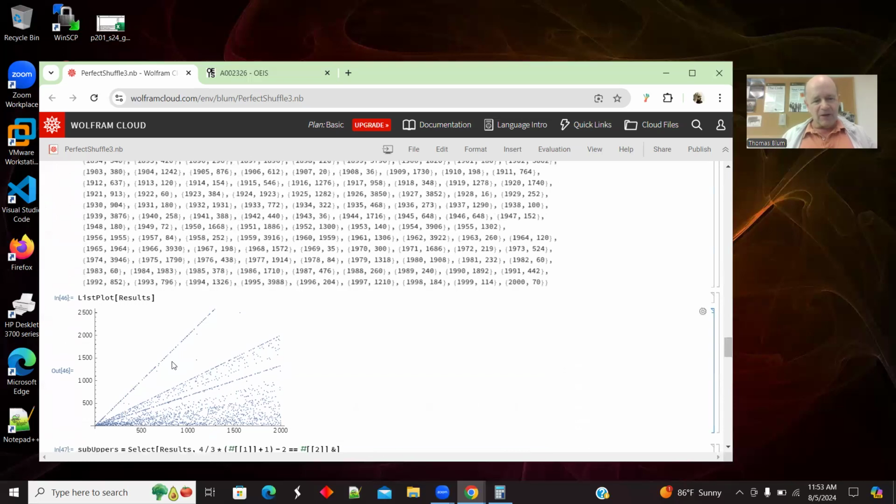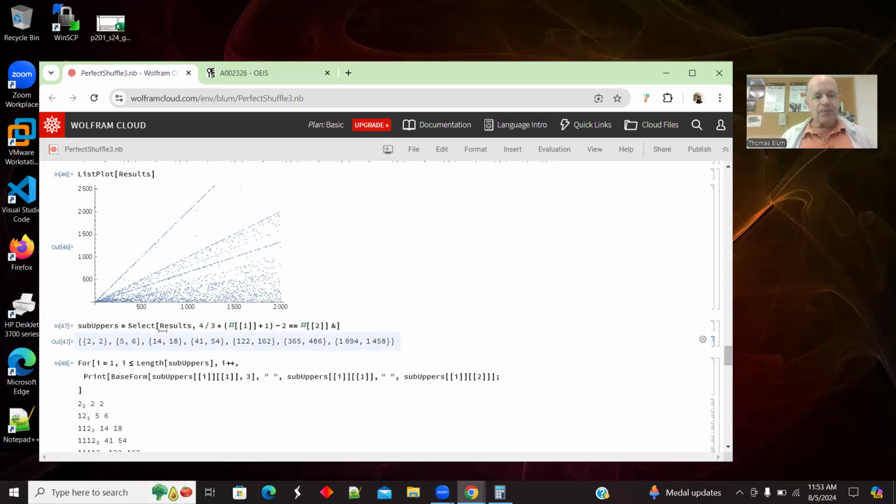Then I plotted them, and you can see that they fall on these lines. I played with some down here, with these very lowest ones, and saw some patterns within this. Now, this line has a slope of 2, and this next prominent line has a slope of 1.